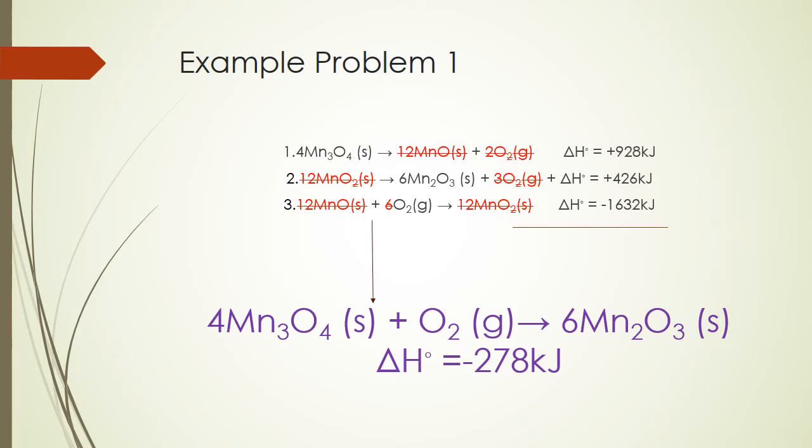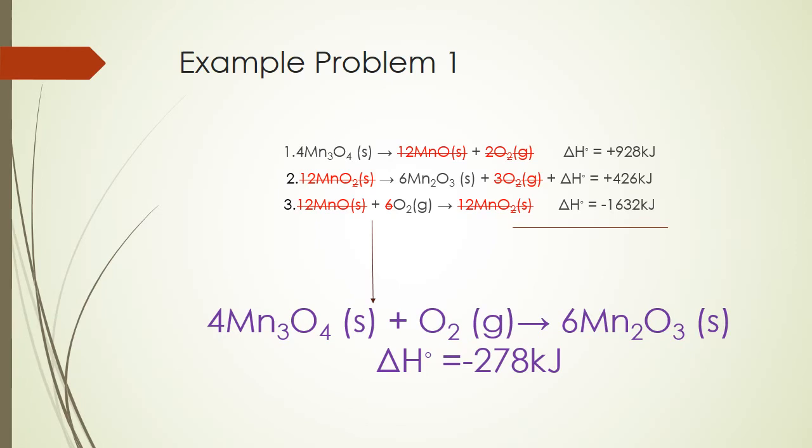Equations 2 and 3, we've got 1/2 MnO2 solid being the same. Those cancel out. And we've got those 5 moles of oxygen gas on the product side in equations 1 and 2, and the 6 moles of oxygen gas in equation 3 that I mentioned. If you cross those out, you get 6 minus 5, which gives you that 1 mole of O2 gas in the target equation.